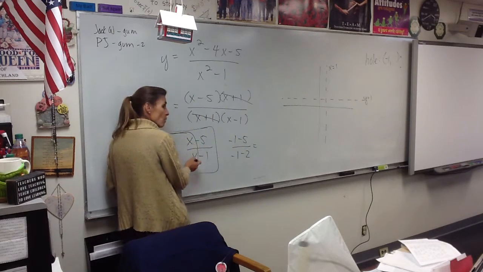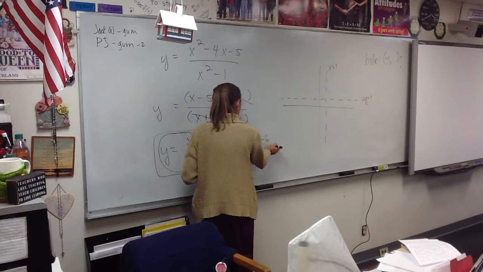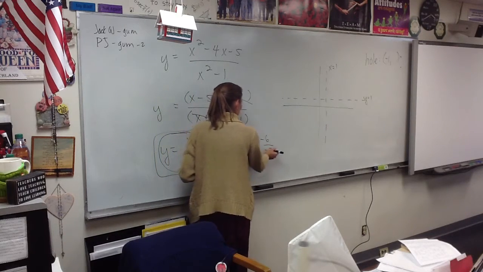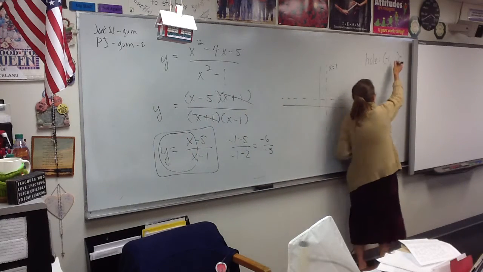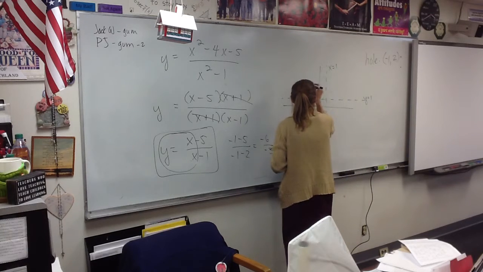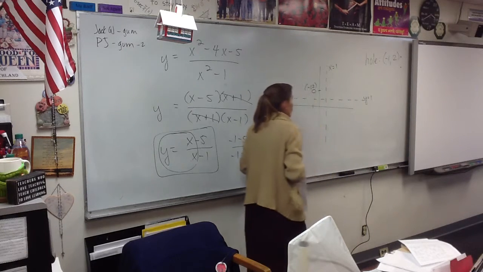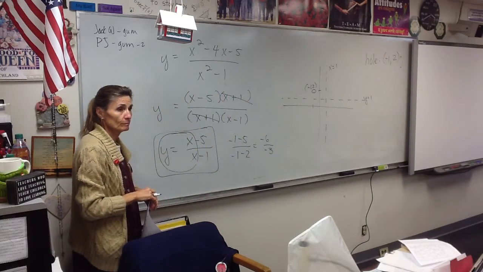I'm putting in negative 1 for my x's. So what do I get? Negative 6 over negative 3, which is 2. So I have an open circle in my picture at negative 1, comma 2.